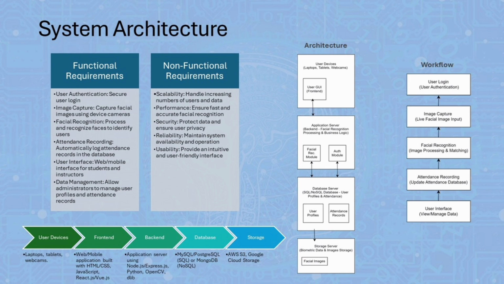The second one is image capture. The system captures facial images using device cameras such as laptops, tablets, and webcams. This live input is essential for accurate facial recognition. The third one is the facial recognition process, which is used to identify users.